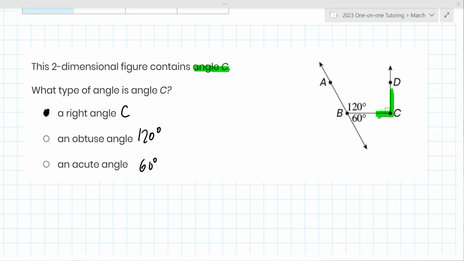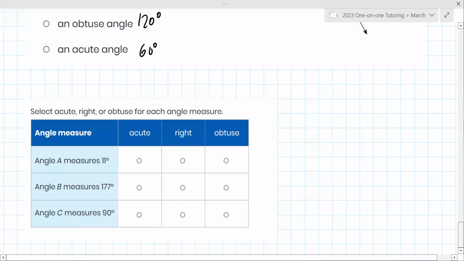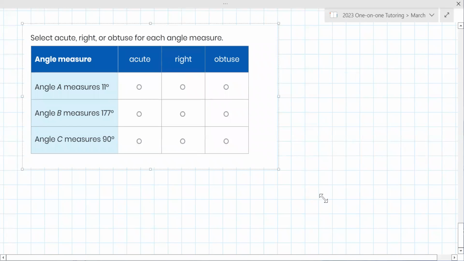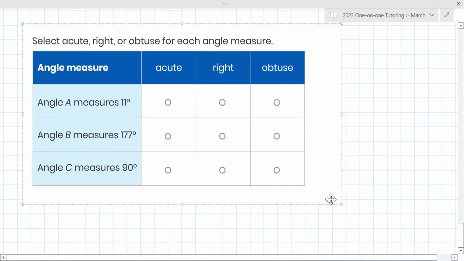All right, so here's another chart for you to fill out. Just like we did in the previous problem here. Go ahead and tell me what you think. Give me your answers to this, please. Okay, got it down.